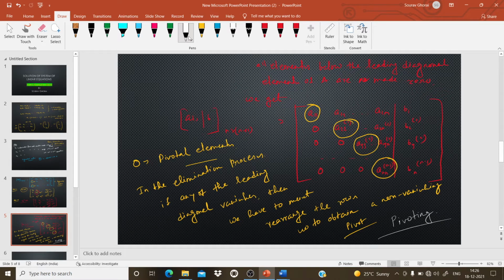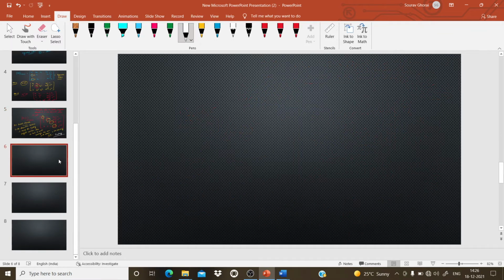And so now the question is, how can we find the unknowns like x1, x2, dotted xn? So we will use back substitution. Now, what we get is the system of equations like this: a11 x1 plus a12 x2 plus dot a1n xn is equal to b1.